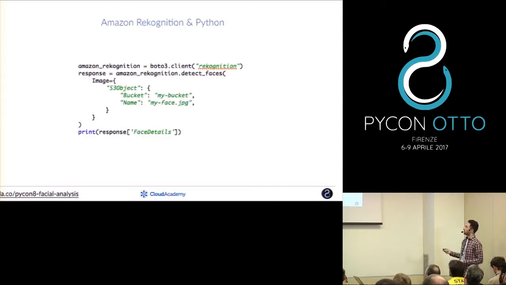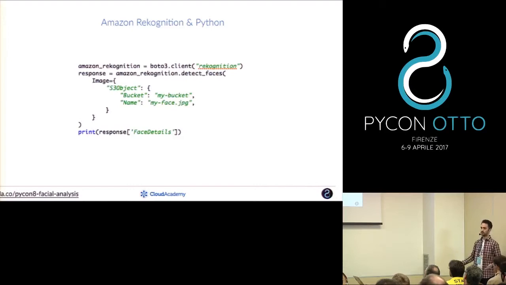So this is Python. Of course, they have a nice client for Python. This is Amazon Rekognition, and you can detect faces, and you just provide an input image. You usually store your images in some kind of object storage, like S3 or Google Cloud Storage. In this case, it's Amazon S3. So I stored my face in my bucket, and I will detect faces. And in your response, after a while, you will get your face details.